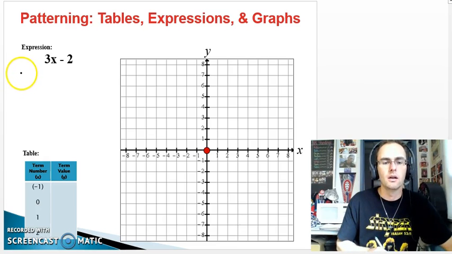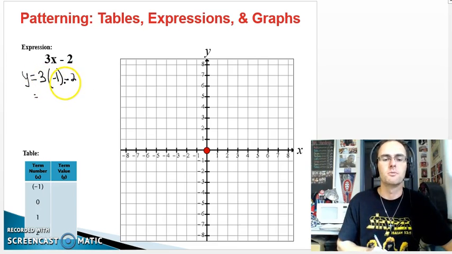So I'm just going to write it as an equation. To get my y value, I have to use the expression. So 3, and x becomes -1, minus 2. So we have some integers here, multiplying and subtraction using the BEDMAS rules. Of course, you're going to multiply first. So 3 times -1 is -3.